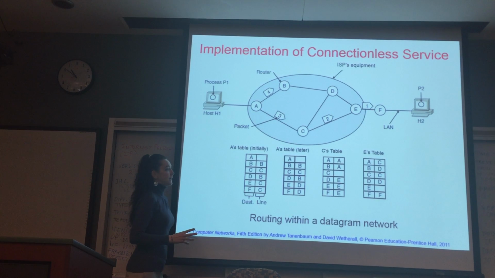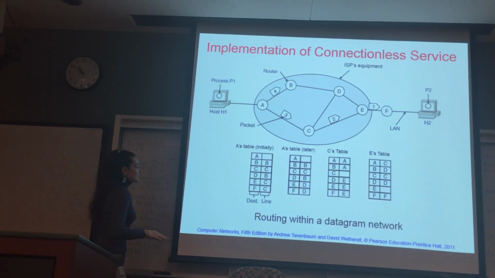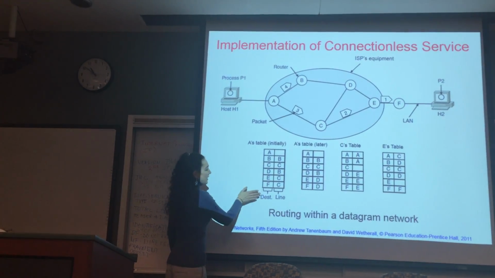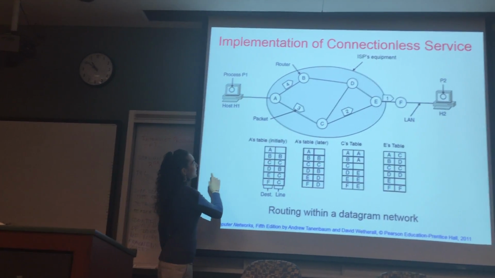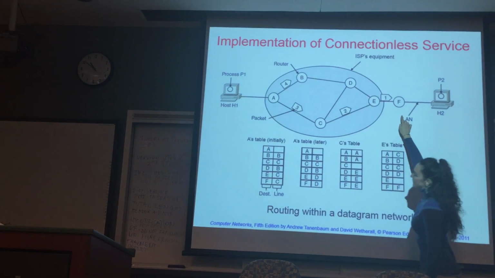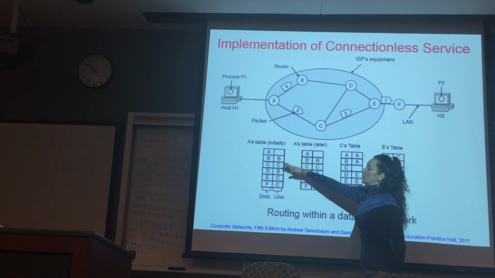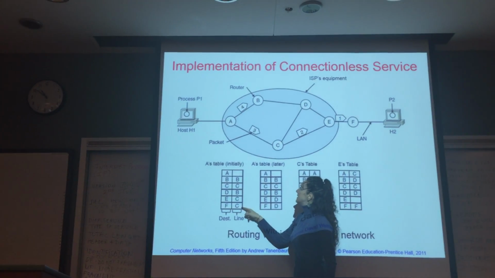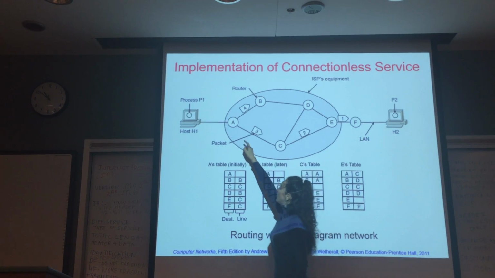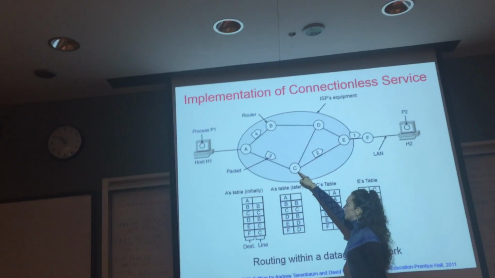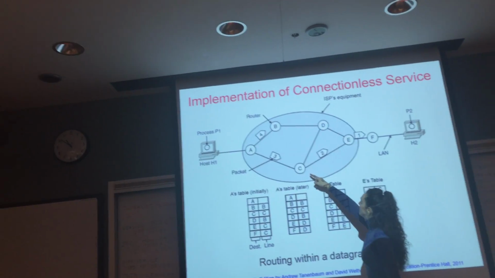So all that it does is look in its table and forward the packet to the next router. So this is the routing table for A. The packet is supposed to go to F. So it looks here in its table, it says packet supposed to go to F, forward on line C. So A will pick up the packet and forward it to line C. So C is the next router that will get it.